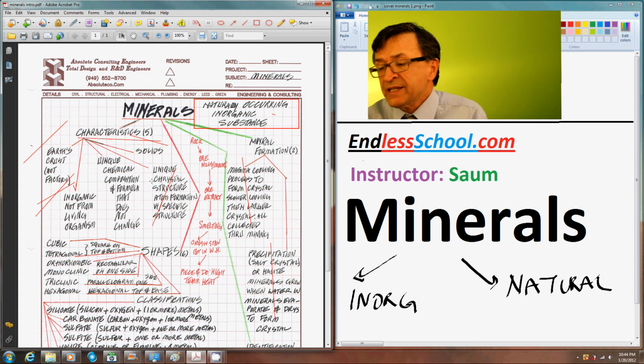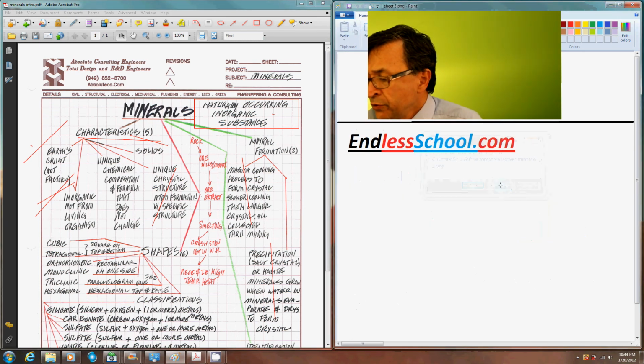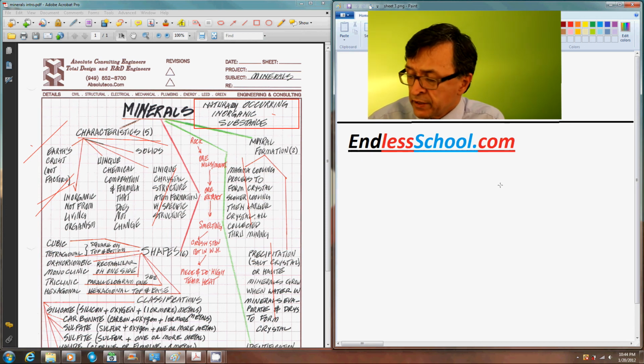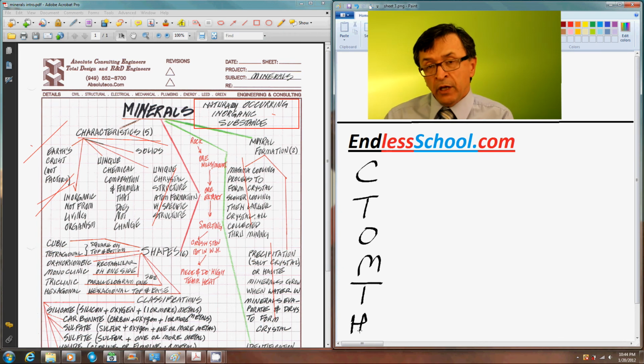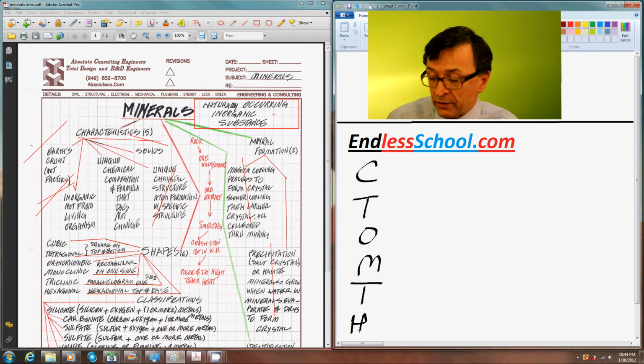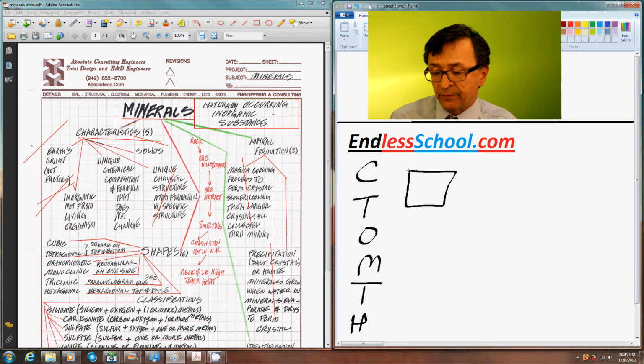If somebody asks you what the shapes of these minerals are, you simply tell them the following. They have a cubic classification, tetragonal, orthogonal, monoclinic, triclinic, or hexagonal. In cubic or tetragonal, all you have to see is a square top or bottom.